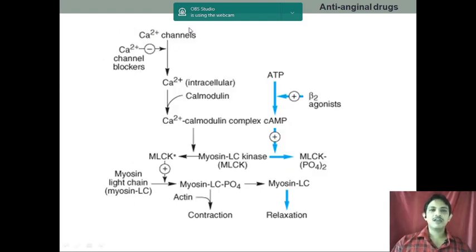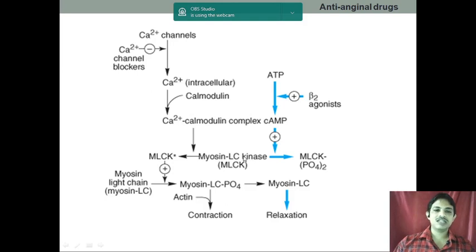Again, through the calcium channels, calcium comes inside the cell, as intracellular calcium. This calcium binds to calmodulin, and they form a calcium-calmodulin complex. This complex is responsible for the activation of myosin light chain kinase.